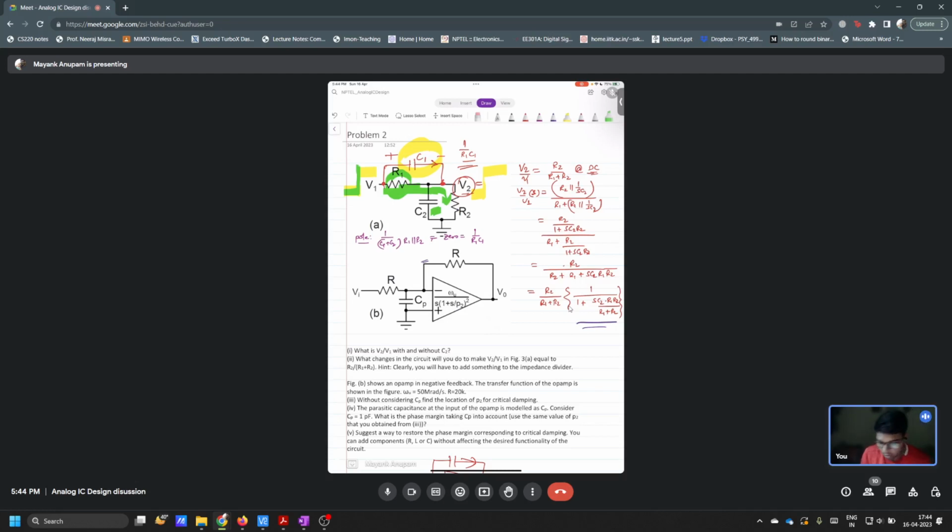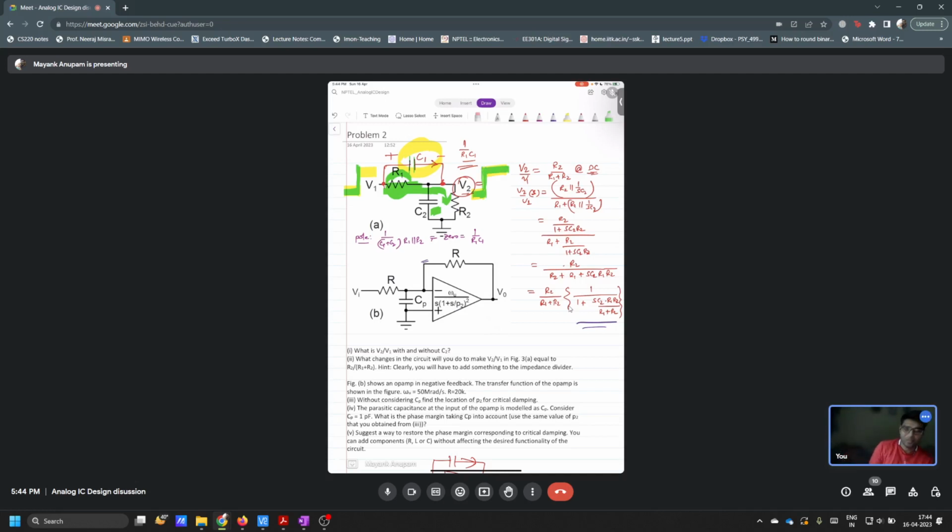So you want to have the sudden rise at the output also. So you effectively want to bypass this R1, short the input and output effectively. So that is why you added a capacitor here. This capacitor effectively bypasses this R1 and creates a sudden jump at the output.